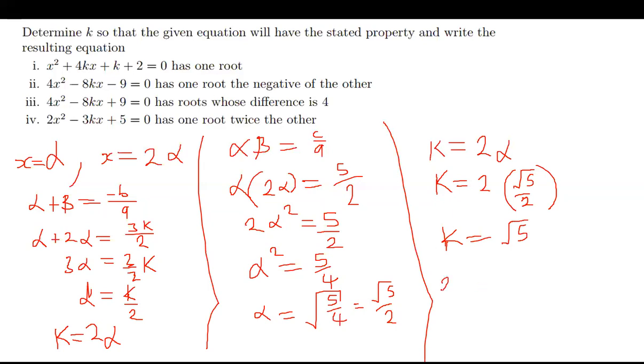So the resulting equation will be 2x squared minus 3 root 5 x plus 5 is equal to 0.